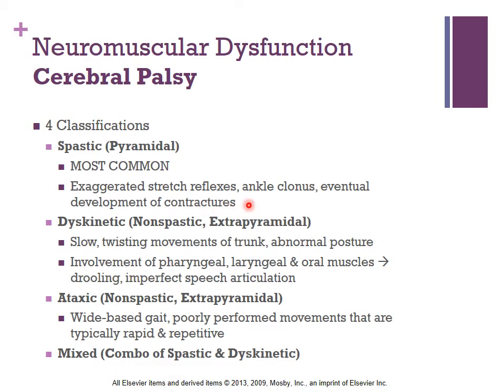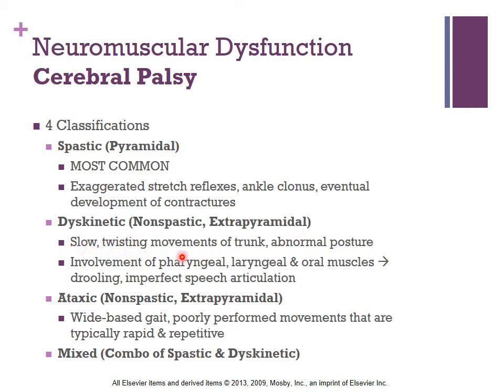Because they can't extend all the way out, they're going to be holding those, particularly their arms, closer into the body, and if they don't try and stretch those or work with the CP patients to get treatment to help extend those tendons and reflexes out, then they're going to have contractures.